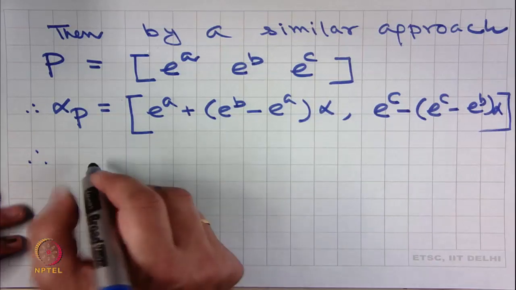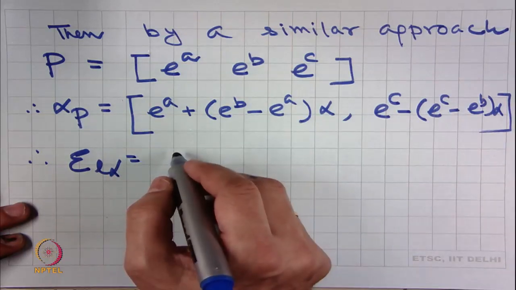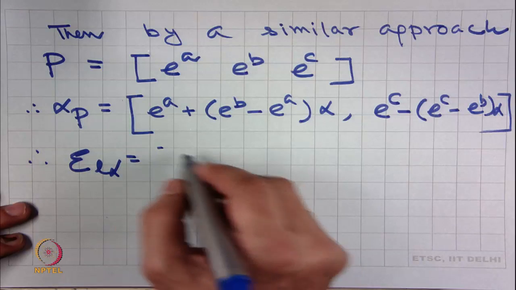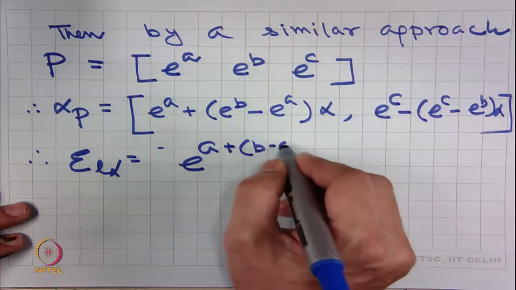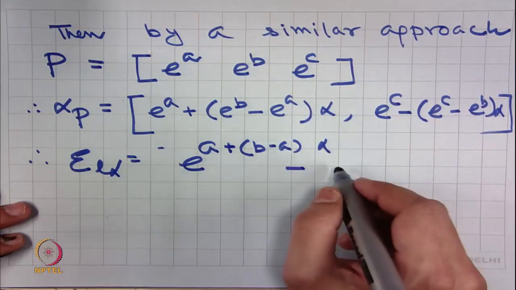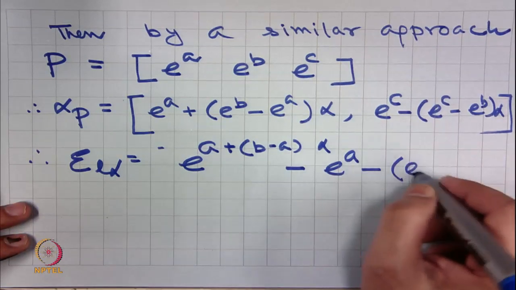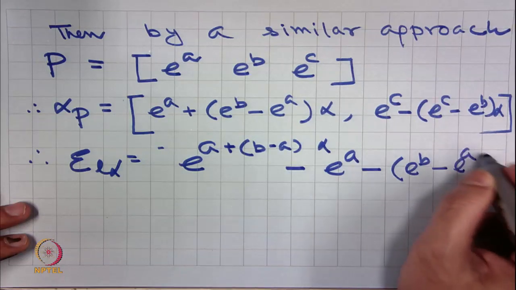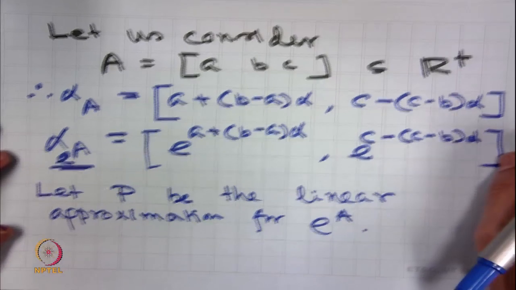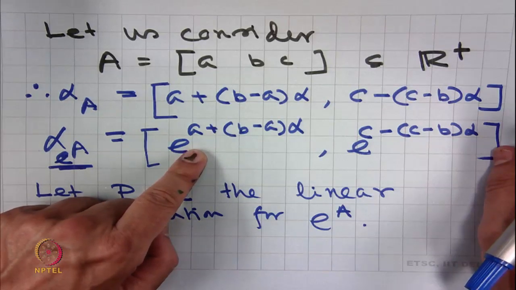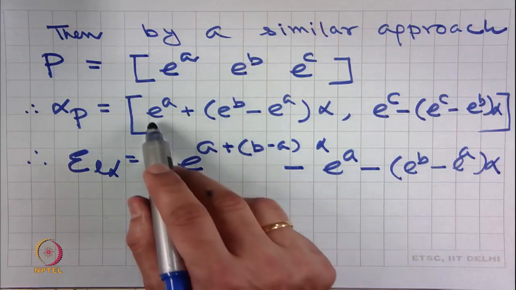Therefore, left hand side divergence alpha is equal to e to the power a plus b minus a alpha minus e to the power a minus e to the power b minus e to the power a alpha, because from interval arithmetic this is what we have got. By the triangular approximation we have got this.